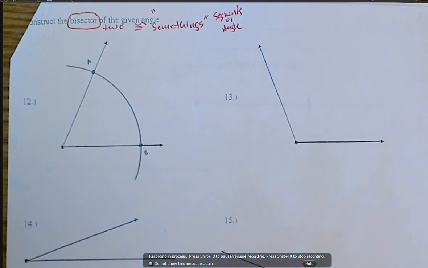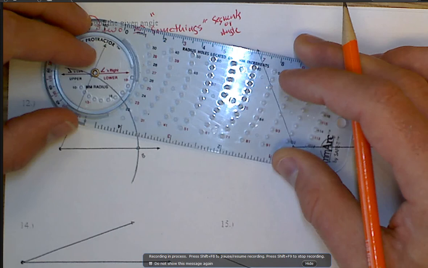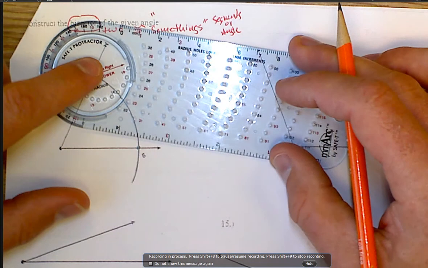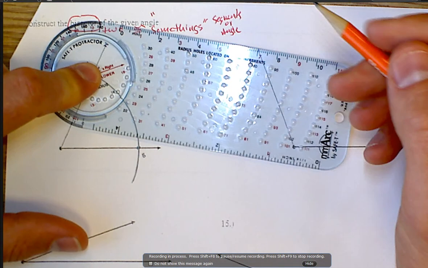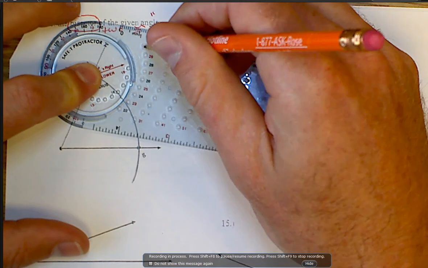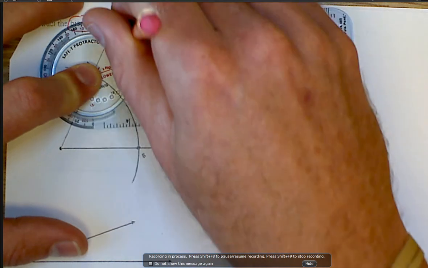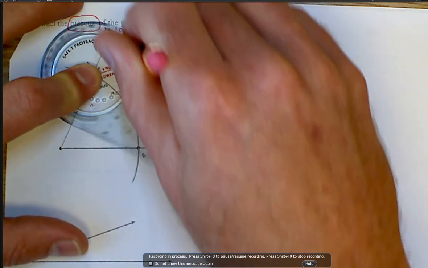Now, next step. And you're going to repeat this next step twice. You're going to take your brass circle, you're going to put it on A. You're going to pick any number you want, but just remember what it is. I'm going to pick 30. And you're just going to make a swoop kind of out in the middle of this angle, just roughly. Just make sure you're somewhere in the middle.